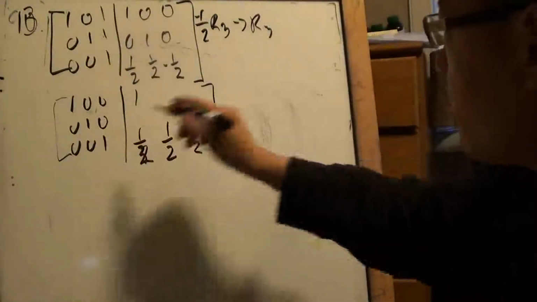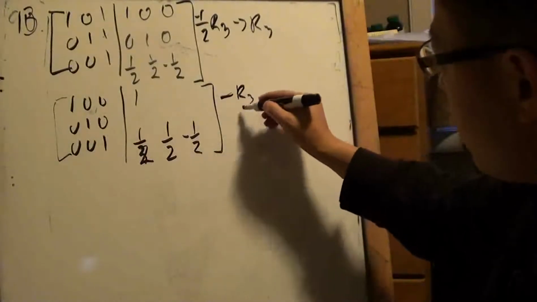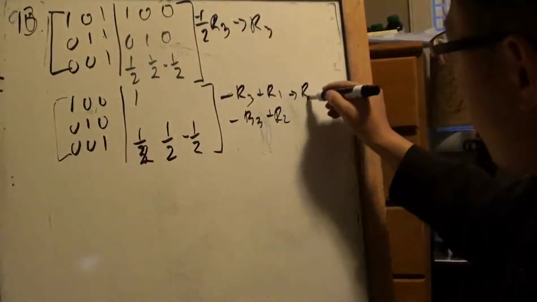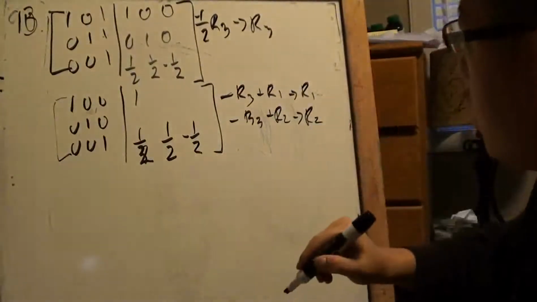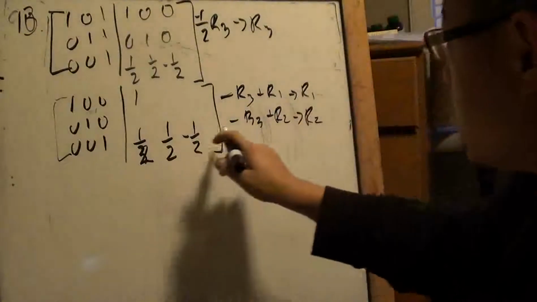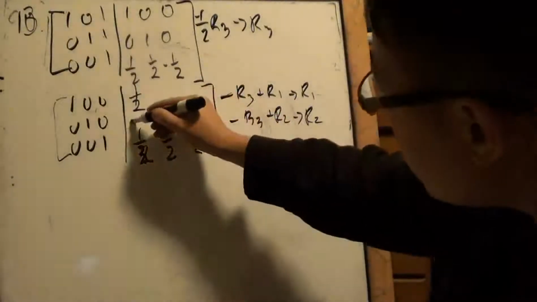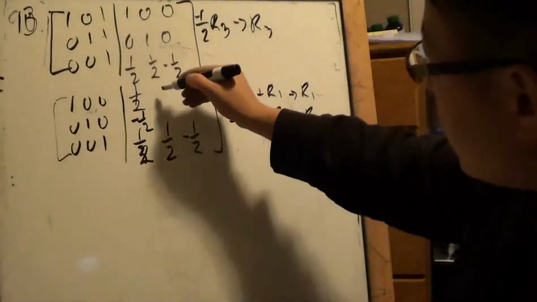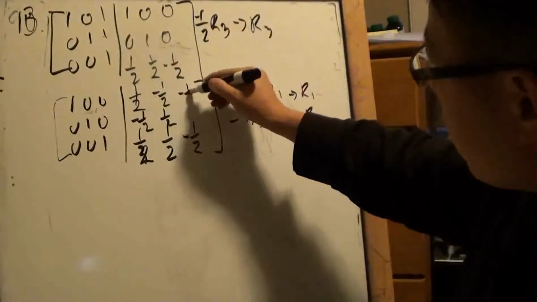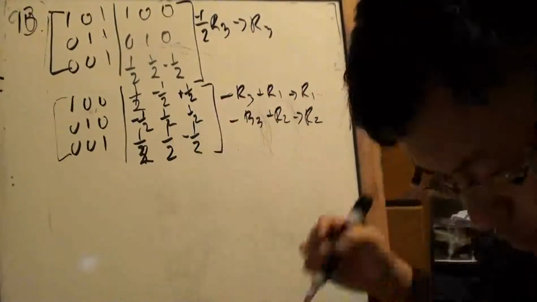So what I did was negative R3 plus R1 and R2 gives me the new R1 and R2. So that's going to be 1 over half, and that's going to be negative 1 over half. This one's going to be negative 1 over half. That's going to be half, because there's 1 negative. Oh no, that's negative, so that's positive and positive.